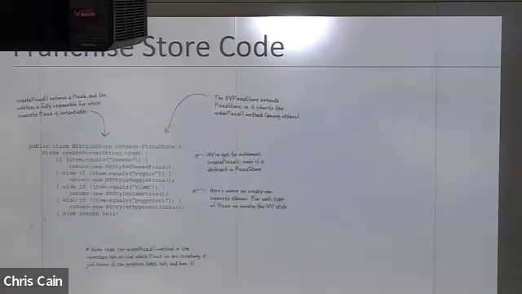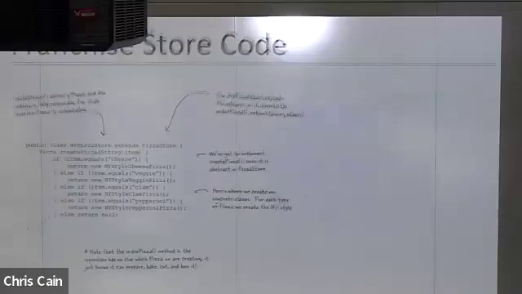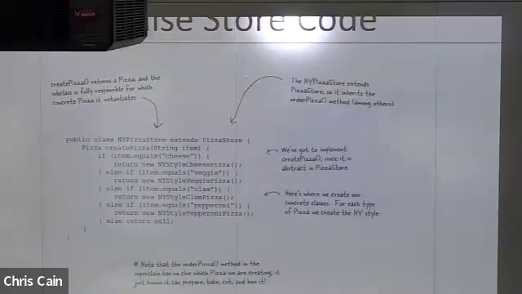So here's what the whole franchise store code will look like. We have a New York pizza store that is a subclass of the pizza store. We have a create pizza method that takes some description, what kind of pizza you want.